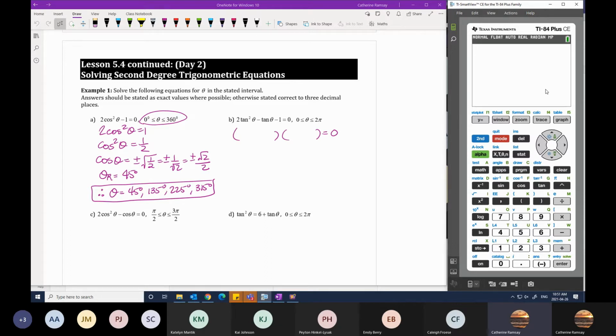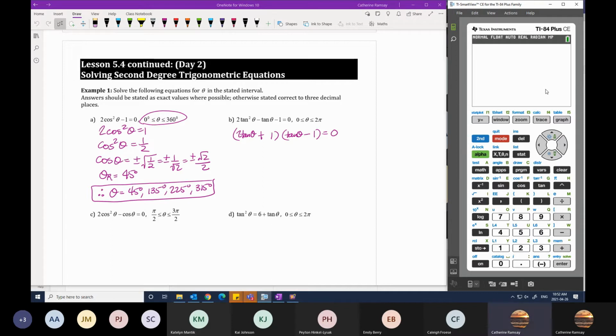So of course 2 is a prime, so I'm going to put 2 tan theta here and tan theta here, and there's only one way you can do 1, which is 1 and 1. So in order for us to get a negative middle term, the 2 tan theta would have to be minus, and this would have to be plus.